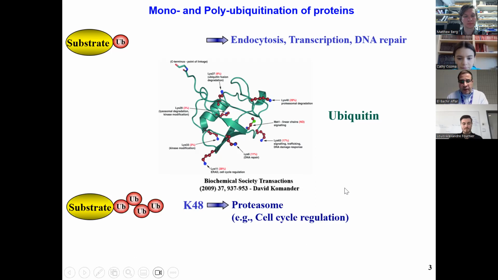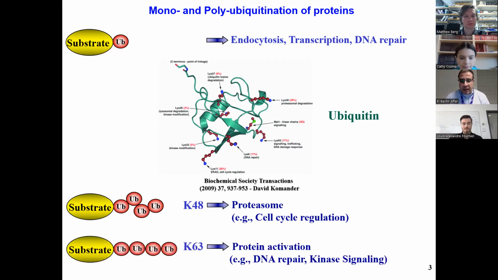And we have, for example, ubiquitination through lysine 48 of ubiquitin. This ubiquitination is mostly associated with protein degradation. We can see that, for example, during cell cycle progression, in the destruction of cell cycle regulators. In contrast, we can have another polyubiquitination, for example, through lysine 63 of ubiquitin, which is generally not involved in protein degradation.